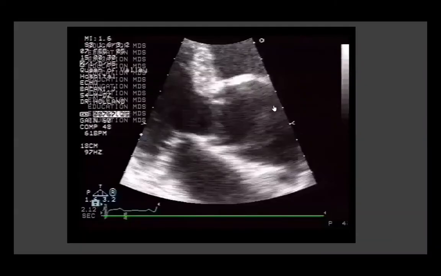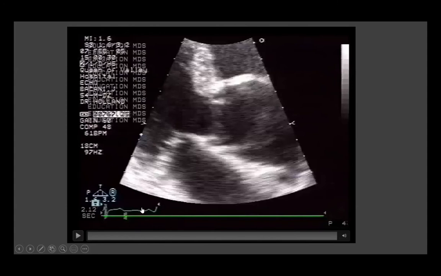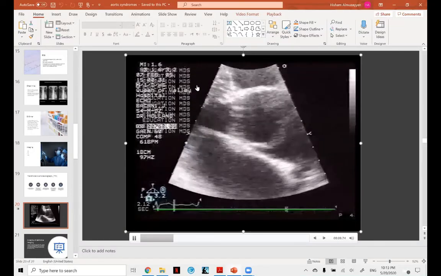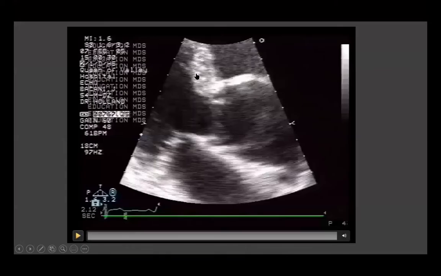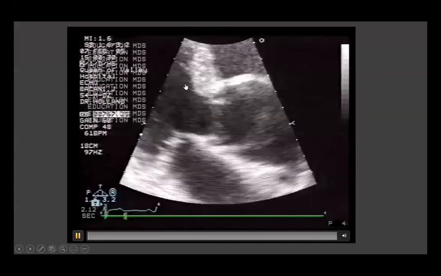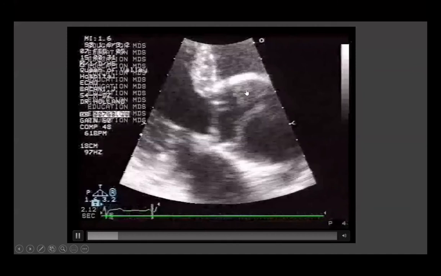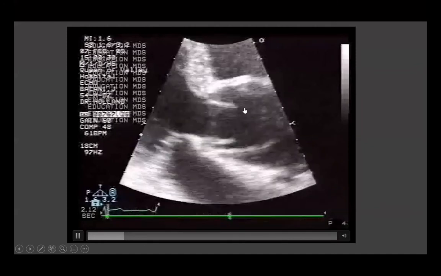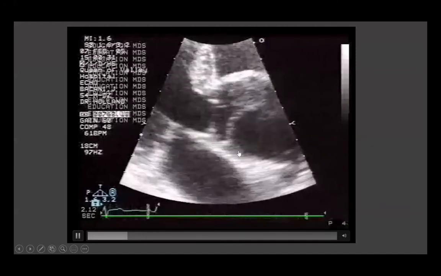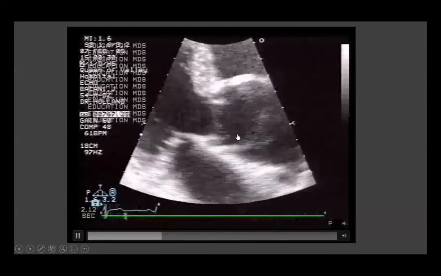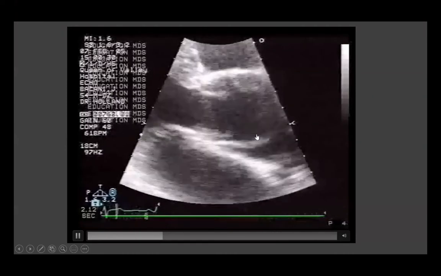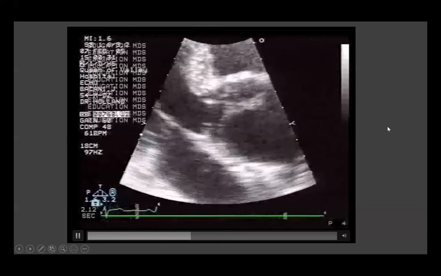Here we can see an example of transthoracic echo in a patient with aortic dissection. Here we can see the interventricular septum is a bit hypertrophied, probably due to long-standing hypertension. Here we can see a very ballooned aortic root, very dilated, with the presence of the intimal flap just dancing around, or what they call a dancing membrane on echocardiography.